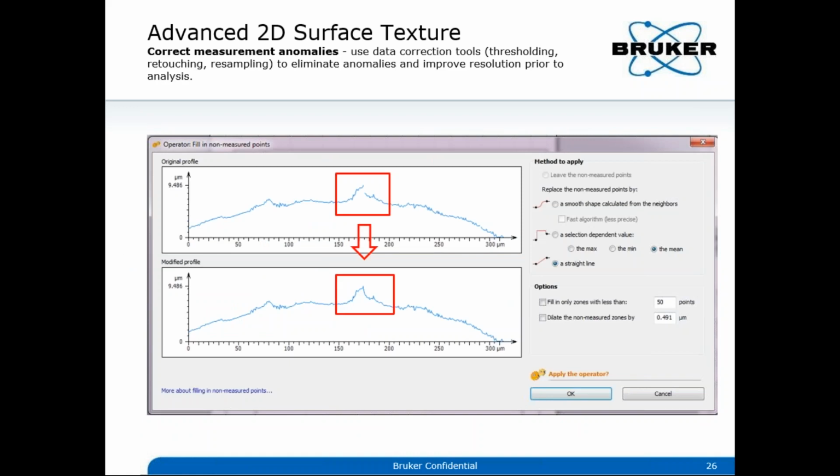In this module as well, you can do some touch-up. You may have a scan line like this with some missing data here, partly maybe because of dirt or some defect there. Then you can use the software to touch up and repair the line, and do the further analysis.